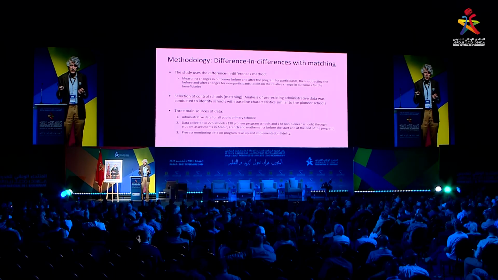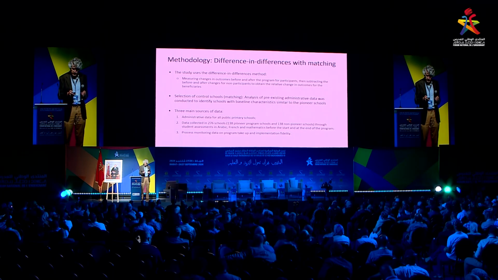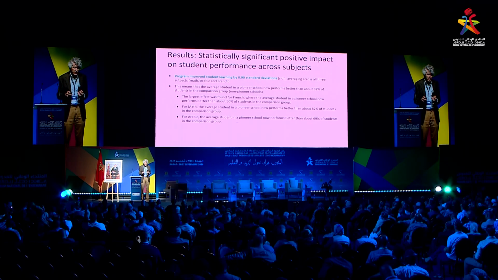Then, with these matched schools, difference in differences means you look at the change in test scores over time. The first difference is how the test score changed in the treated schools and control schools. The second difference is comparing the changes in the two groups of schools. There's more information there about the data, but let's go on and see what happened.